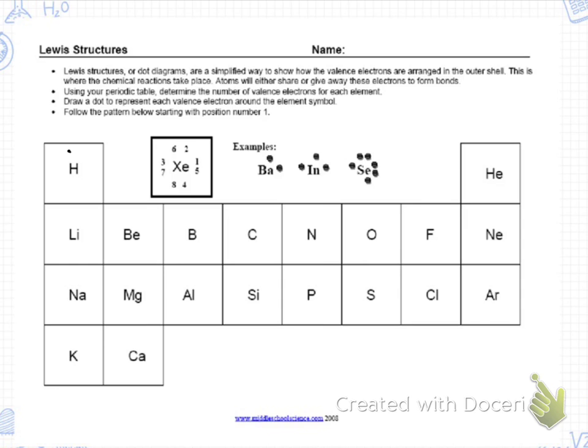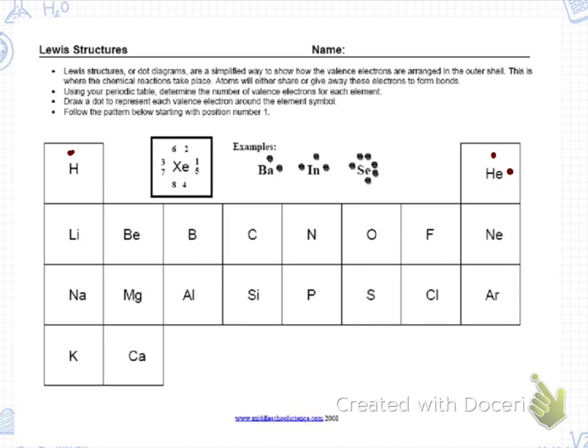Okay, and then we go across to the next one. Helium is 1s2, so that's going to have 2 electrons on it.